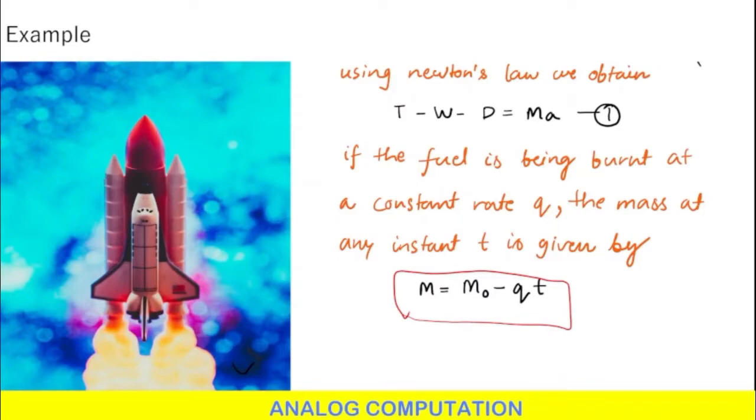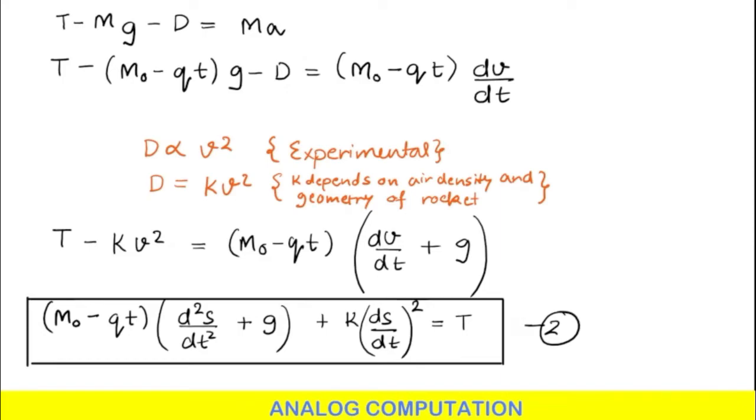Let me simply replace this value of m in equation number 1. Replacing m by m naught minus q times t, I got this equation, and I also replaced a by dv by dt, since acceleration can be written as the rate of change of velocity. Now experimentally it is seen that the drag force is proportional to the second power of velocity, and to remove this proportionality you have to introduce a constant k here.